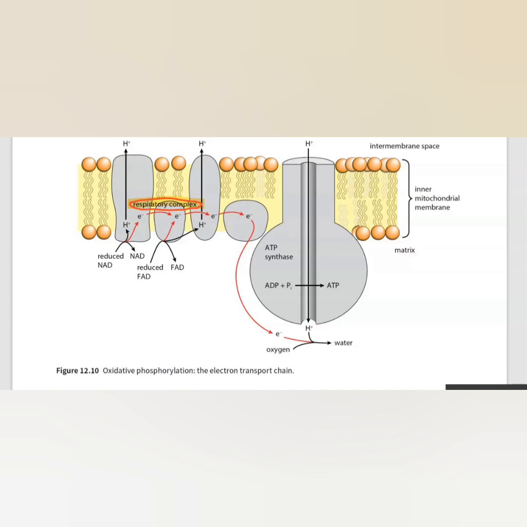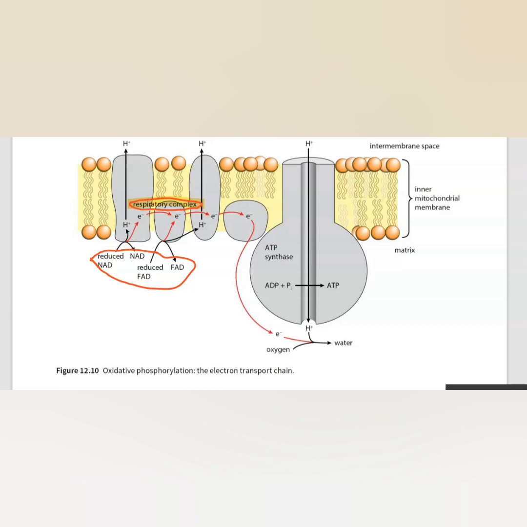So what is happening in oxidative phosphorylation? The first step is the oxidation of reduced NAD and reduced FAD. This oxidation occurs at the inner membrane of the crista.